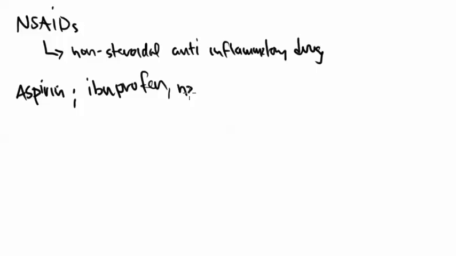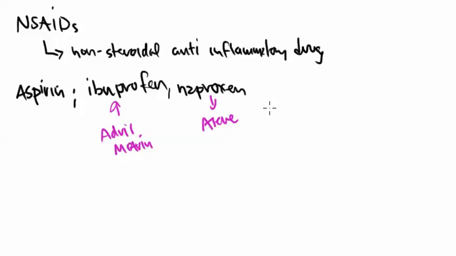We also see naproxen being used as well, and naproxen is things like Aleve. So you know it as Aleve, we know it as naproxen. Ibuprofen, you know it as Advil, or you also know it as Motrin. And then we have, of course, aspirin as well.